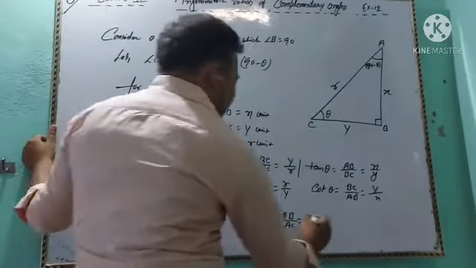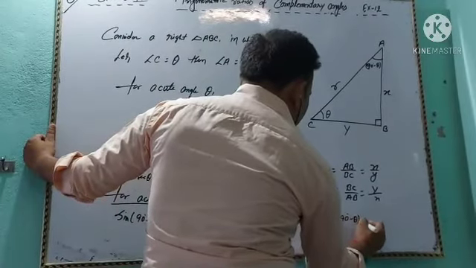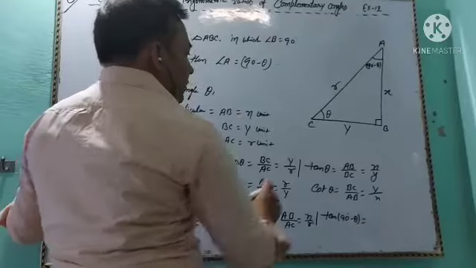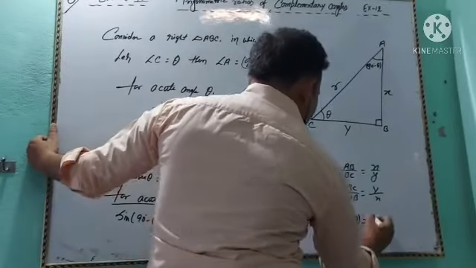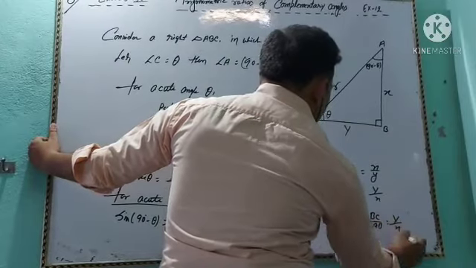And tan(90° − θ) is perpendicular by base, it means BC by AB, that is y by x.